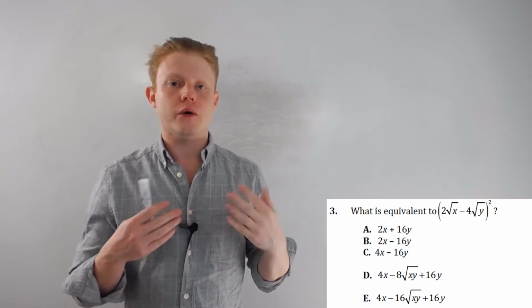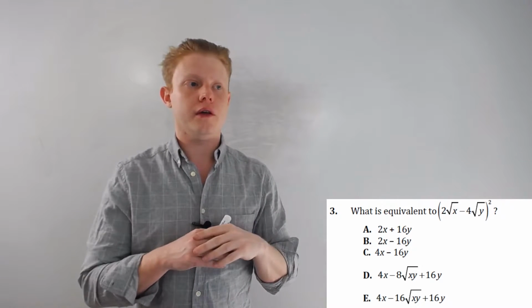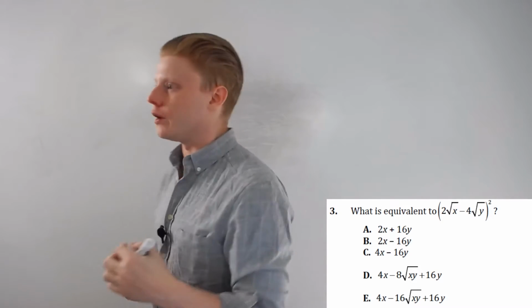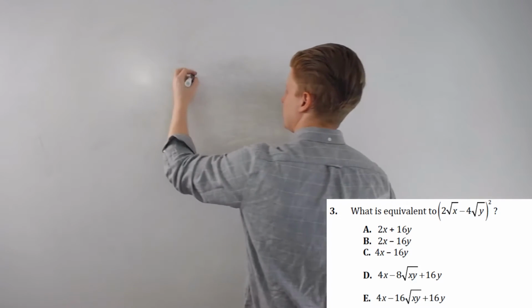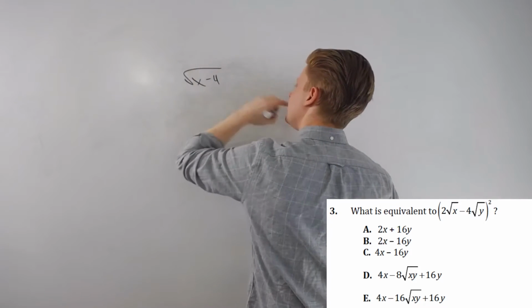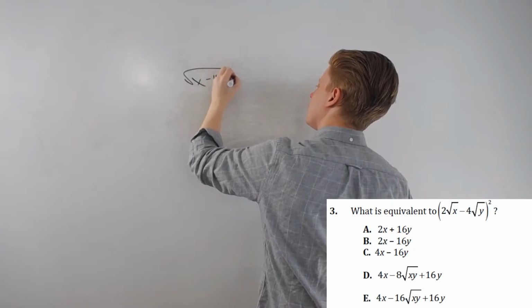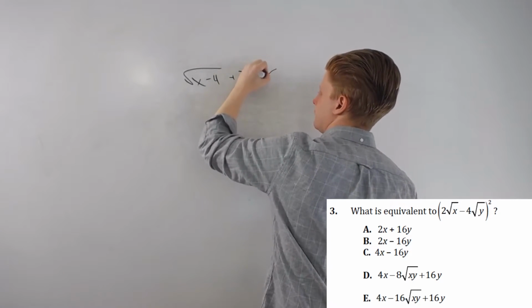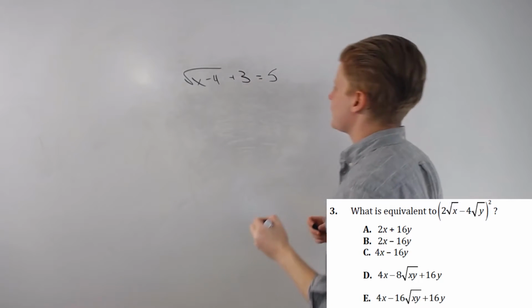Okay, so in equations, you have to square to get rid of the radical. So if your variable's under a radical, you're going to have to square. Let's look at just a simple example. Let's say we have the square root of x minus 4, plus 3 is equal to 5. Just making one up off the top of my head.